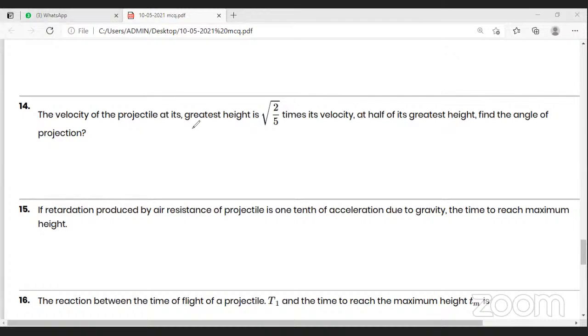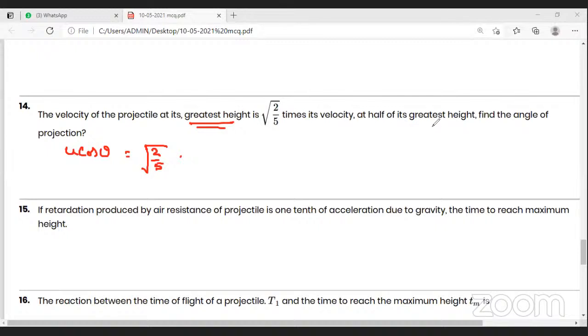At maximum height, what is the formula for velocity? Vertical velocity is 0, but horizontal velocity is there, no? What is that? U cos theta. That is equal to the given root over 2/5 times of what was given? Times its velocity at half of its greatest height.